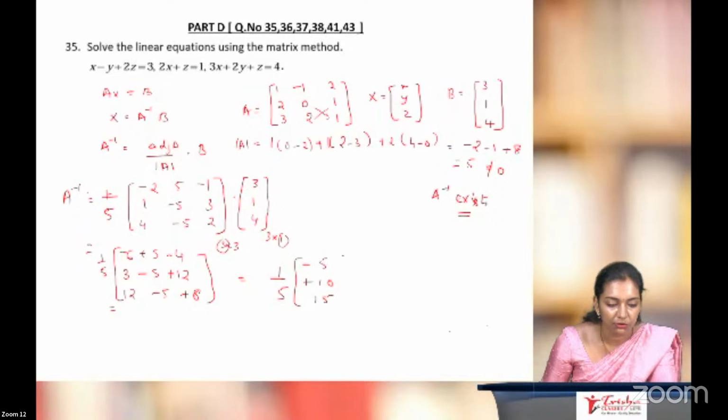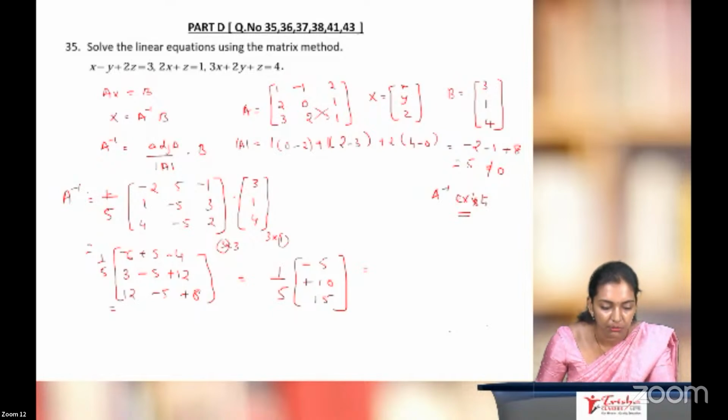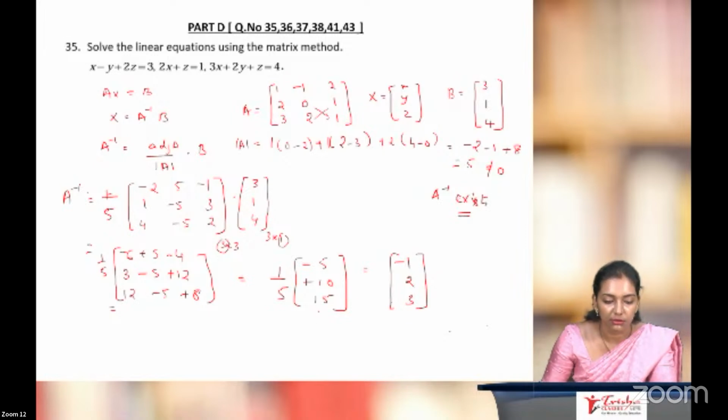So when you divide by a scalar, that is minus 5 by 5, you get minus 1, and 10 by 5, you get 2, and 15 by 5, you get 3. Okay, so this is the answer.